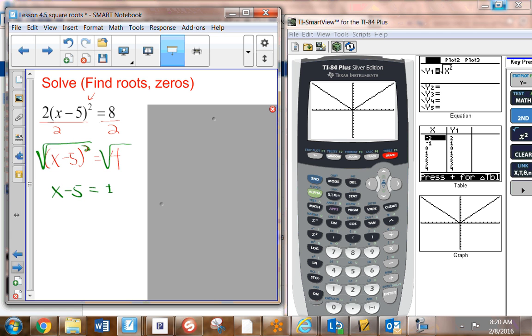It's going to be plus or minus 2. We're going to add 5, so x will either be 5 plus 2, or x will be 5 minus 2. So my 2 answers are 7 and then 3.